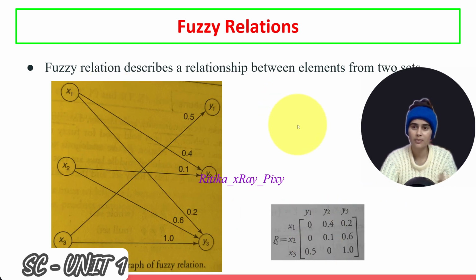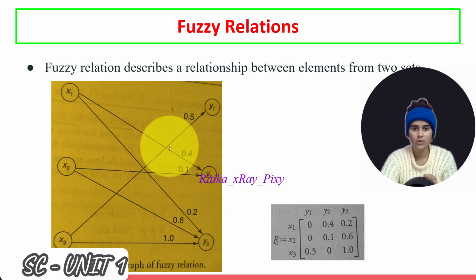Another example from the book you can see here. A fuzzy relation describes a relationship between elements of two sets. Here we have a fuzzy matrix and the graph for the fuzzy relation. First we have x1, x2, x3, and another set y1, y2, y3. For x1, y1 it is 0, there is no relation. Next x1, y2 is 0.4.